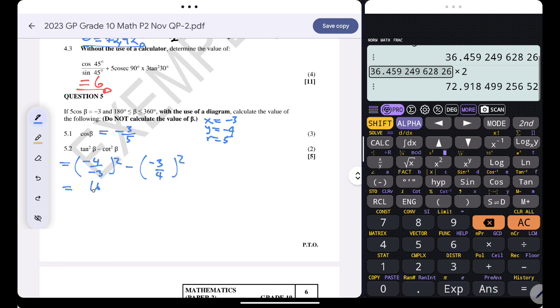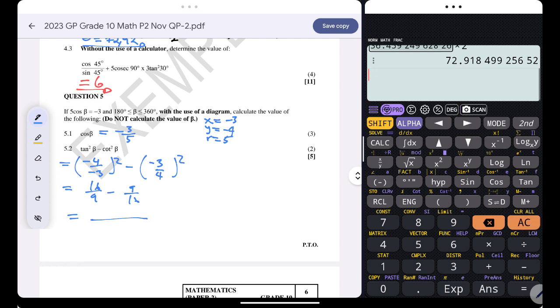What do I get? 16 over 9 minus 9 over 16, right? My LCD is 16 times 9, which is 144.